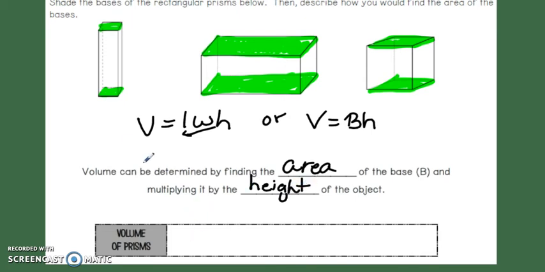So here's our formula. This will work for every single shape. And then we have, just for reference, B is the area of the base.